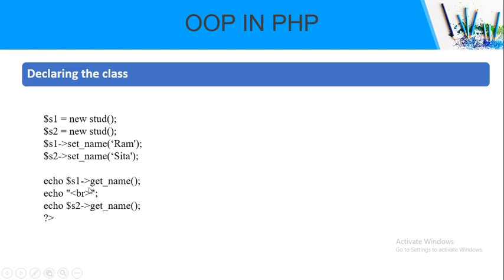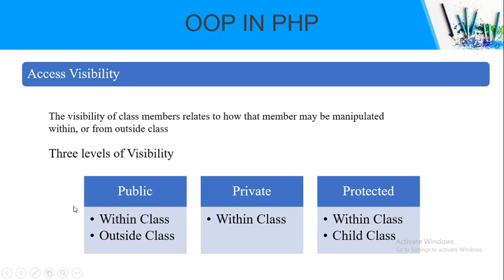You can also display both names, Ram and Sita, by using the two different objects $s1 and $s2.